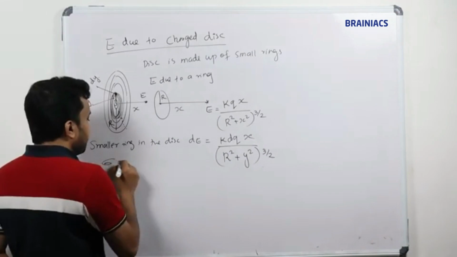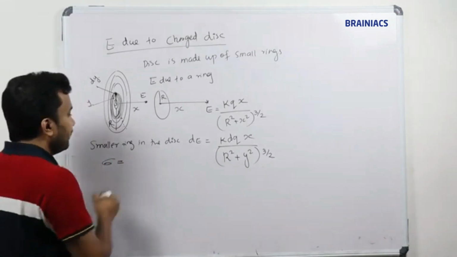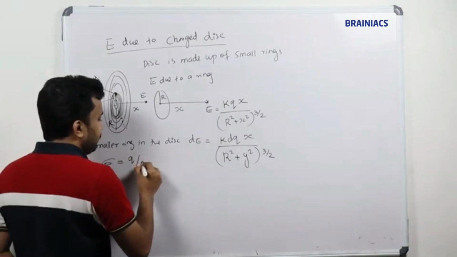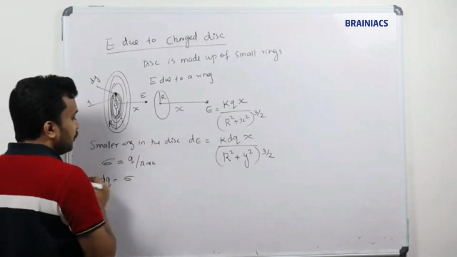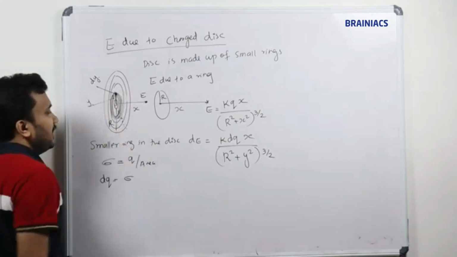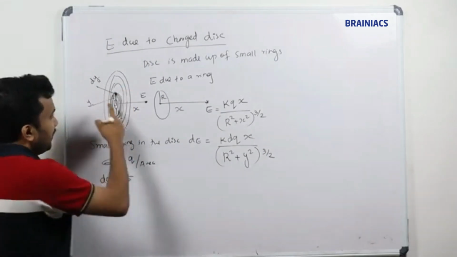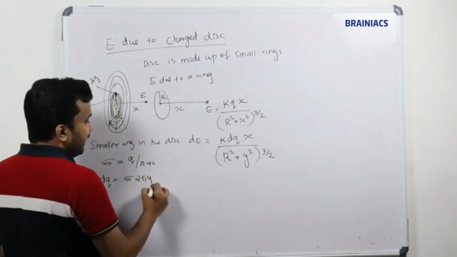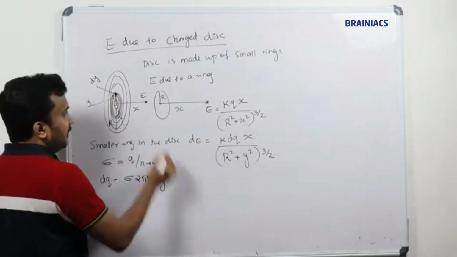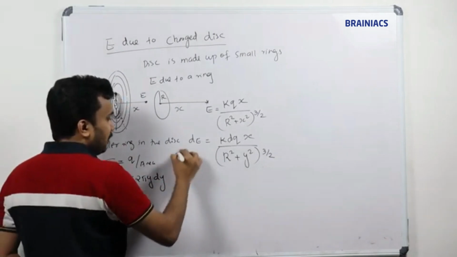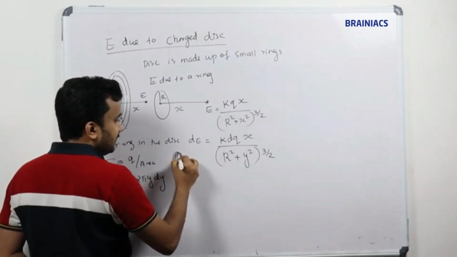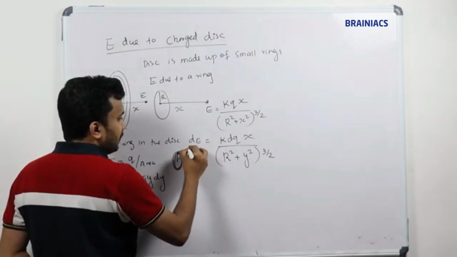What is sigma? Sigma is charge per area, the general expression. In our case, we have a charge dq, so dq equals sigma into area. What is the area of this one? It is 2 pi y into dy. This is one ring, whose radius is y and whose thickness is dy.